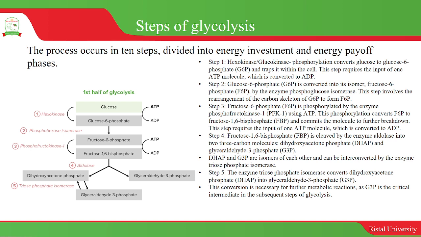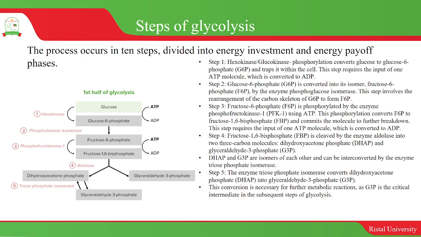Glycolysis actually takes place as a series of reactions that are 10 in number. Okay, there are 10 steps of glycolysis. We can divide them into two phases.